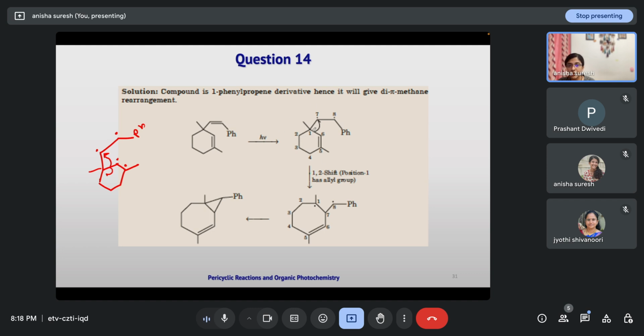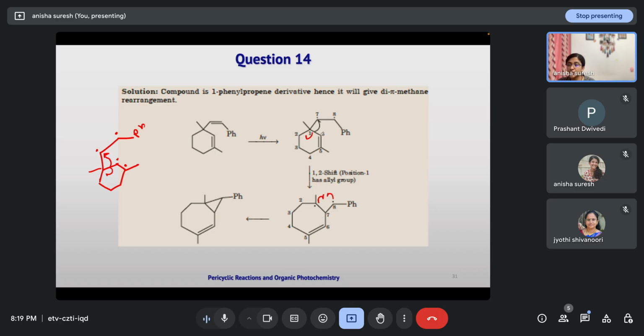As you can see here, first it was a 6-membered ring. This bond is shifting to this position, leading to formation of a radical at the center, which is a tertiary radical, that is the more stable radical. So this ring expansion is taking place, leading to formation of a 7-membered ring. Now what will happen? These two radicals will recombine, leading to formation of the cyclopropane.